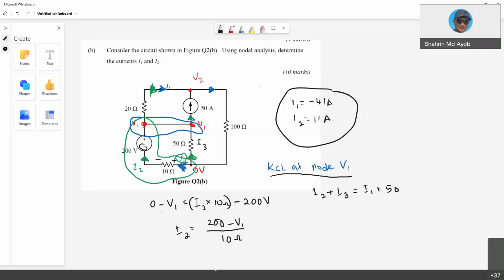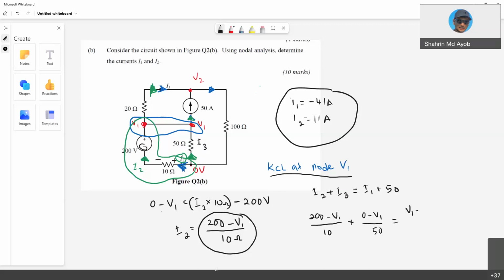Okay, so for my I2, just substitute this equation: 200 minus V1 over 10 ohm, plus I3. Your I3 is right now 0 minus V1 over 50 ohm, equals I1.